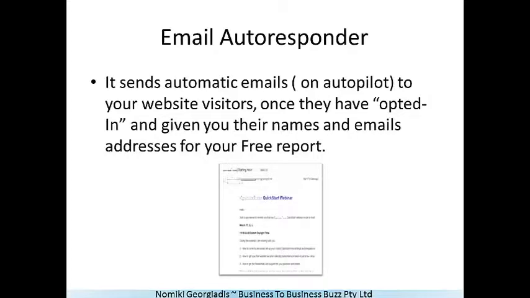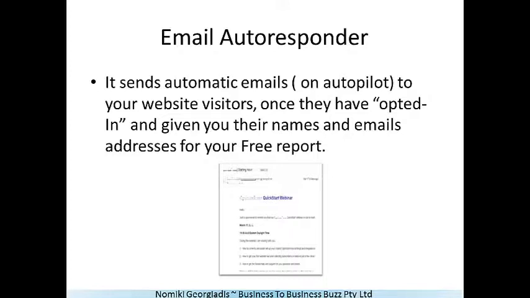So your email autoresponder sends automatic emails on autopilot to your website visitors once they've actually opted in, that is, put in their name and details for your free report. Once they've given you their details and taken your free report, there's a series of automatic emails that kick in.